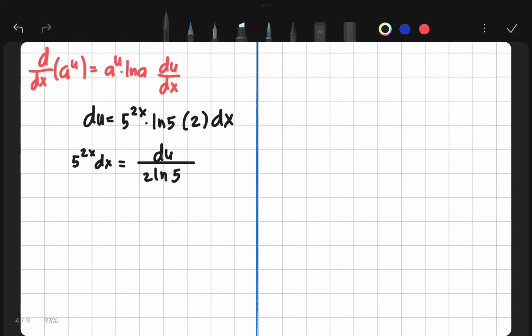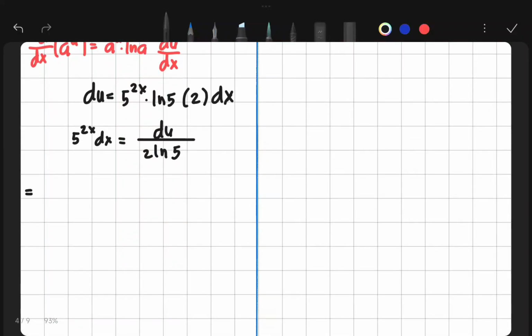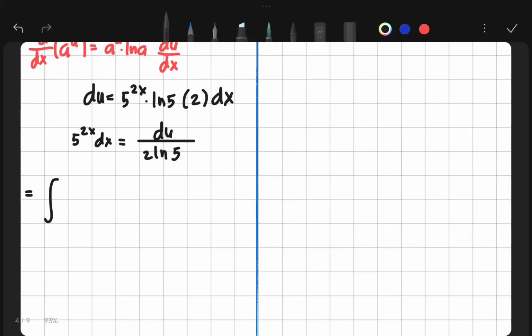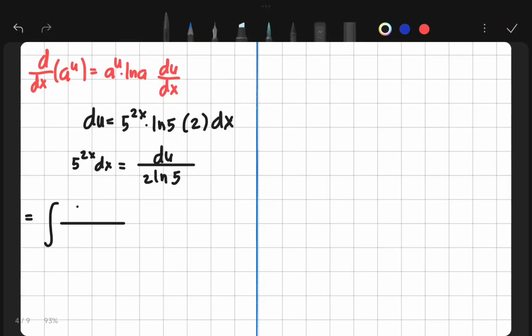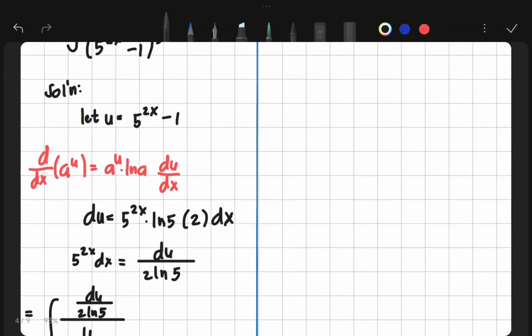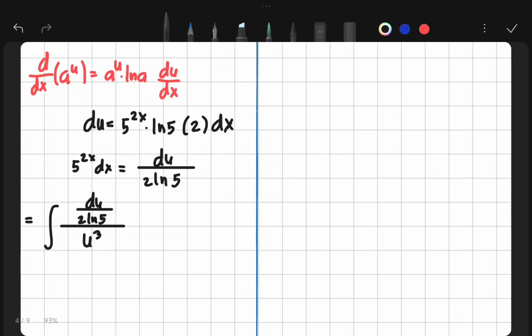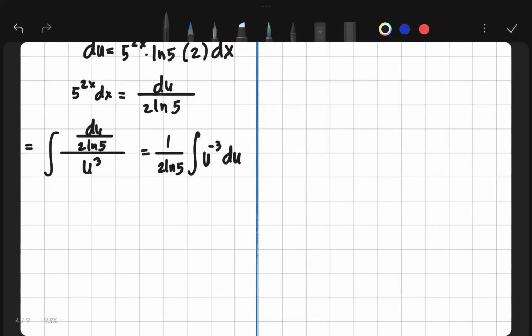After that, let us write this in terms of u. This will become the integral of du over 2 ln of 5, over u raised to 3, where we can put this constant outside the integral sign, and the integral of u raised to negative 3 du.